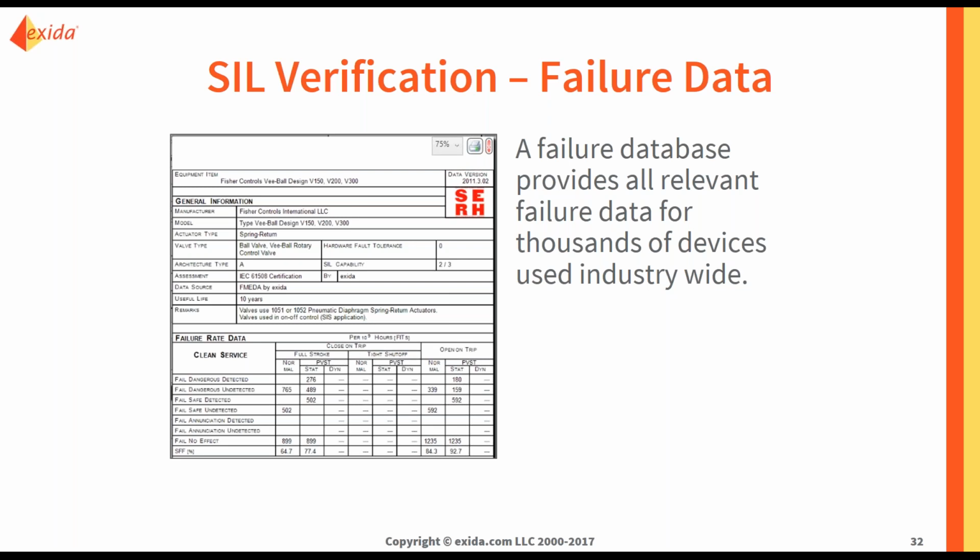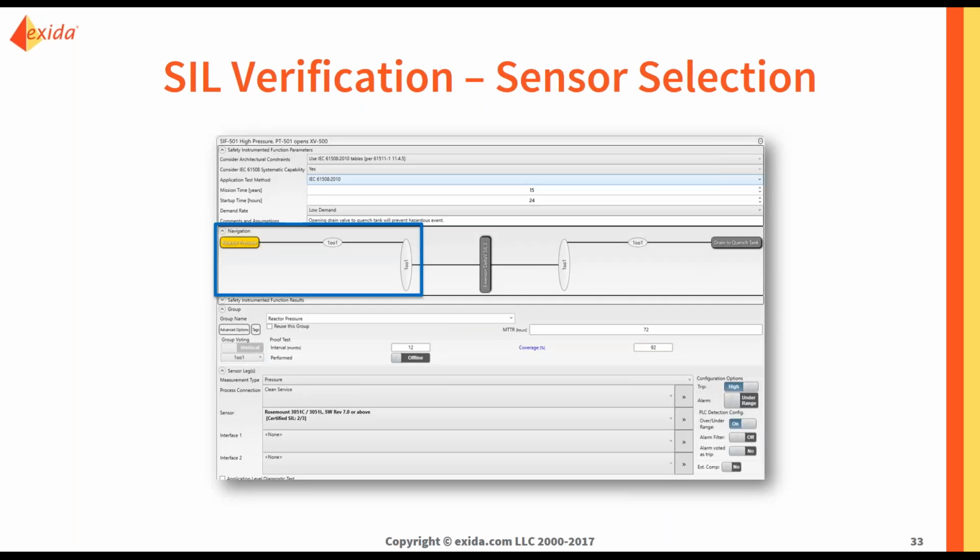It is simply embedded within the tool for thousands of devices used industry-wide. And so you would just simply choose your piece of equipment from a drop-down menu, and the tool has that data embedded there. And so this is what your SIL verification tool might look like.